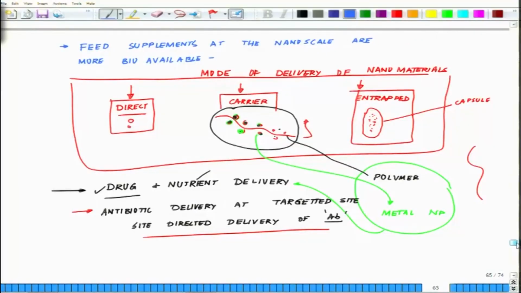Now, if you look at it, when you talk about where all the animal stuff goes, I told you that there is a whole area of nutraceuticals.